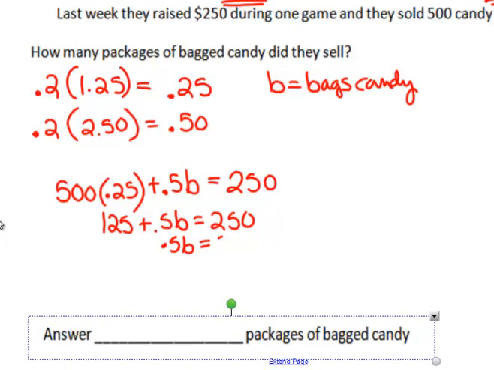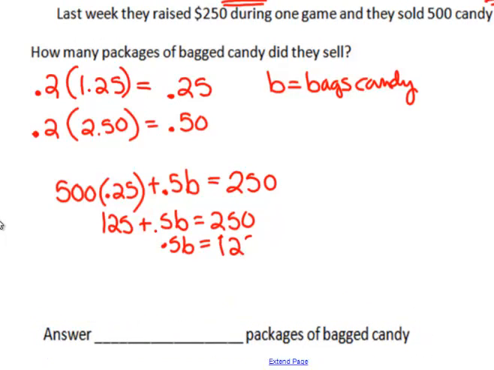Divide both sides by 0.5. And so the number of bags of candy that they sold is 250. So they sold 250 packages of bagged candy.